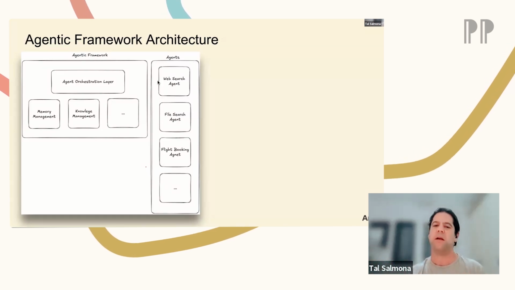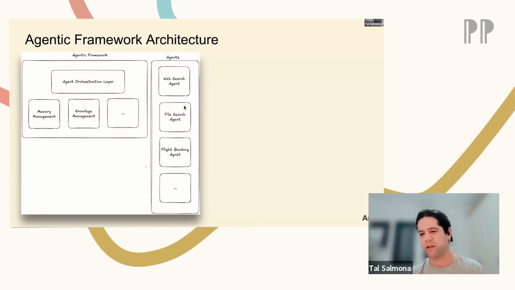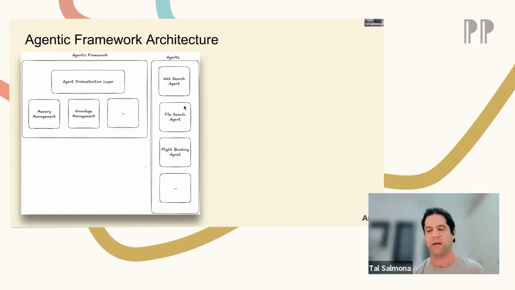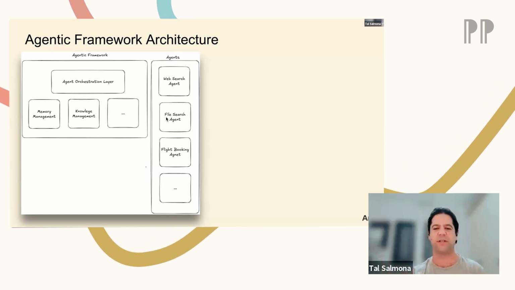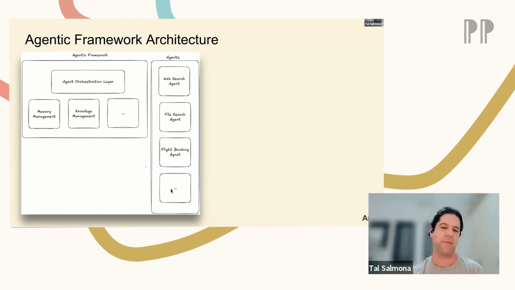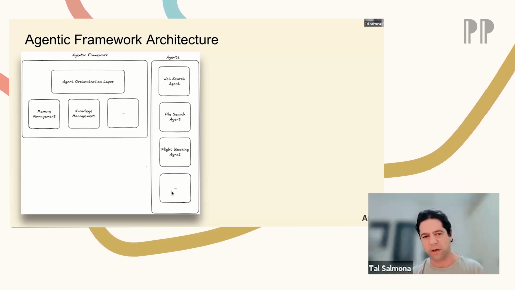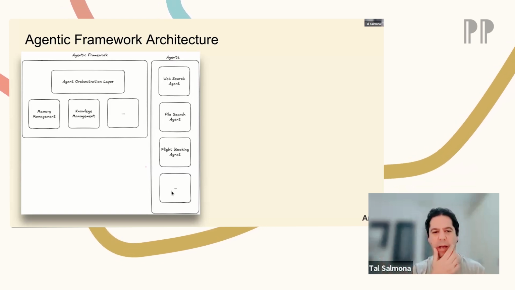So there is a bunch of agents. Each agent is normally quite isolated in the kind of things it can do, right? So I have, in this example, a web search agent and a file search agent and a flight booking agent, and maybe many more that are available for my application.